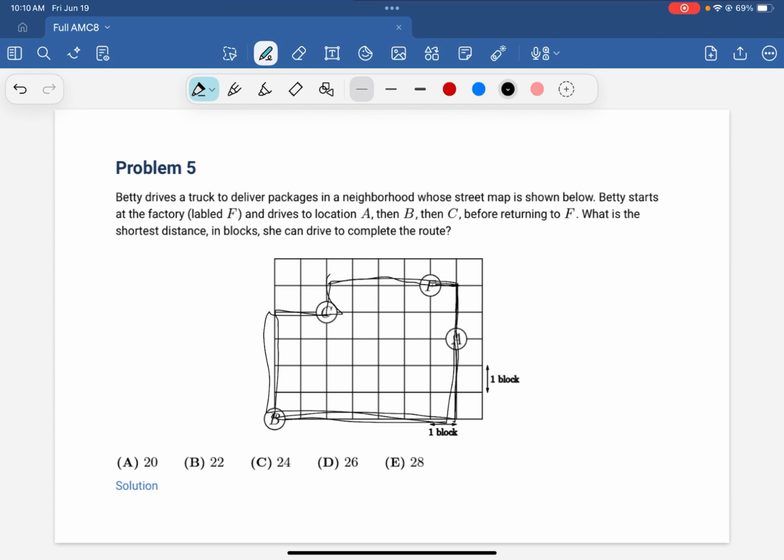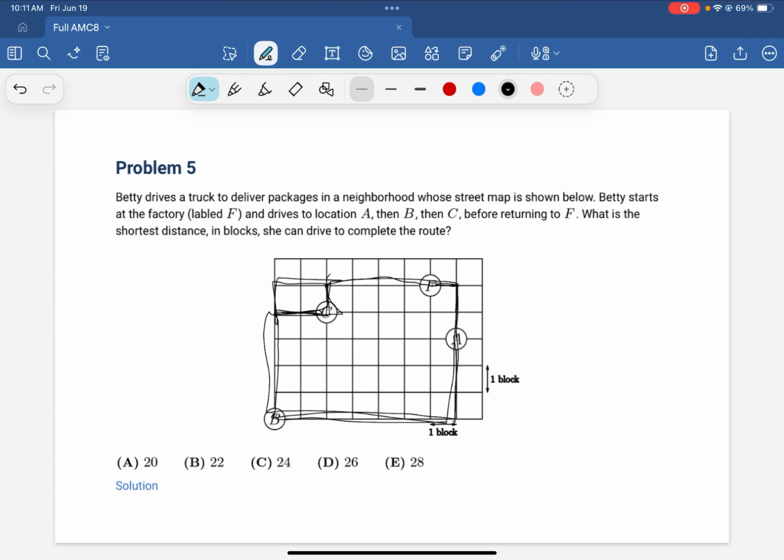Instead of considering this path here, let's just move it to here. It's the same length, but it'll be easier to calculate.